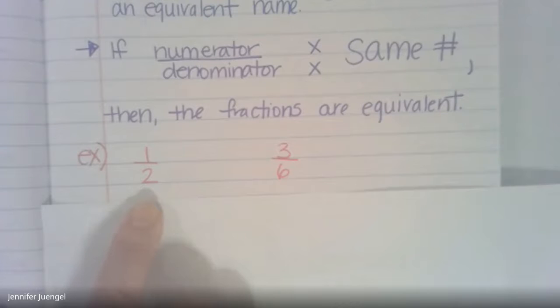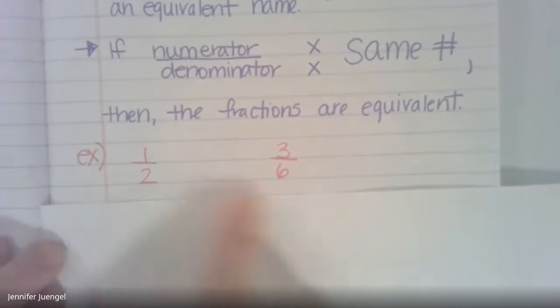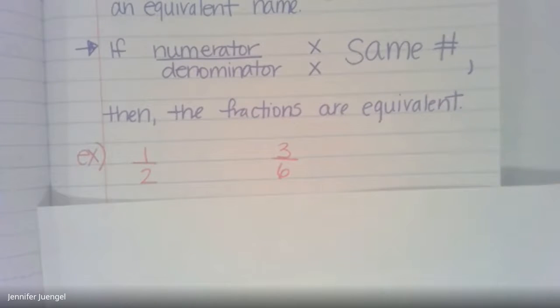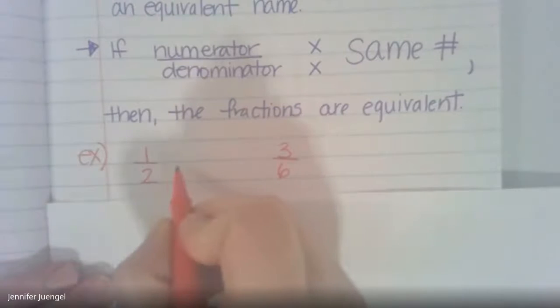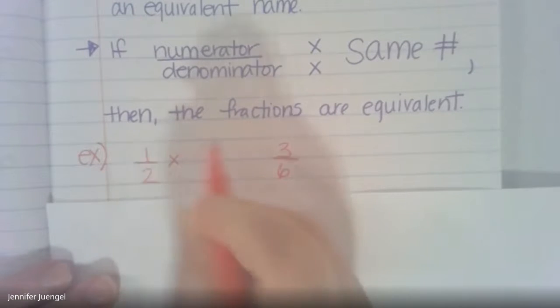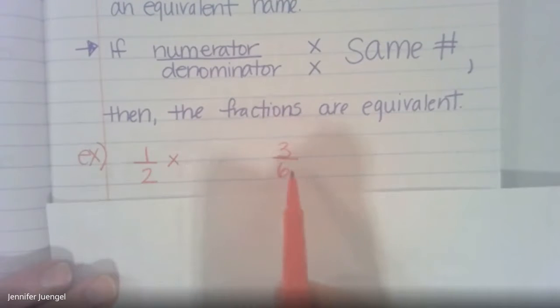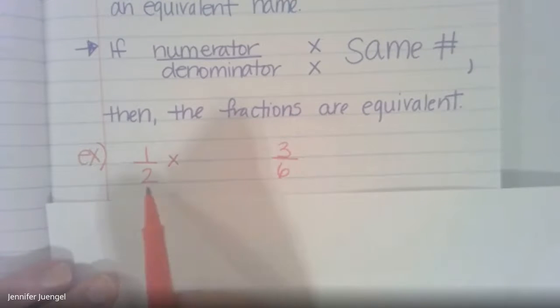If I want to find out if it is equivalent to 3/6, I'm going to use a less than, a greater than, or an equal to symbol to show equivalence or inequivalence between these two fractions. The rule is, if I can multiply the same number times the numerator and the denominator, then this fraction is equal to this one.